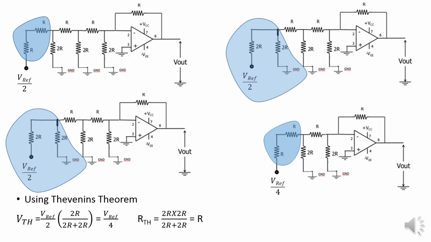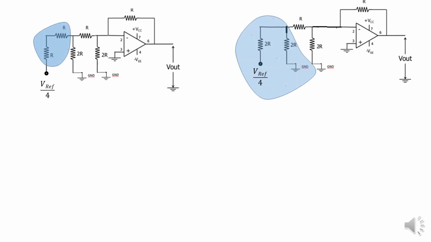So 2R is applied with V reference by 2, and that is connected to a parallel resistor of 2R. Again the circuit will become this one, R-2R parallel combination followed by applied V reference by 4. So this circuit will be modified into this portion.